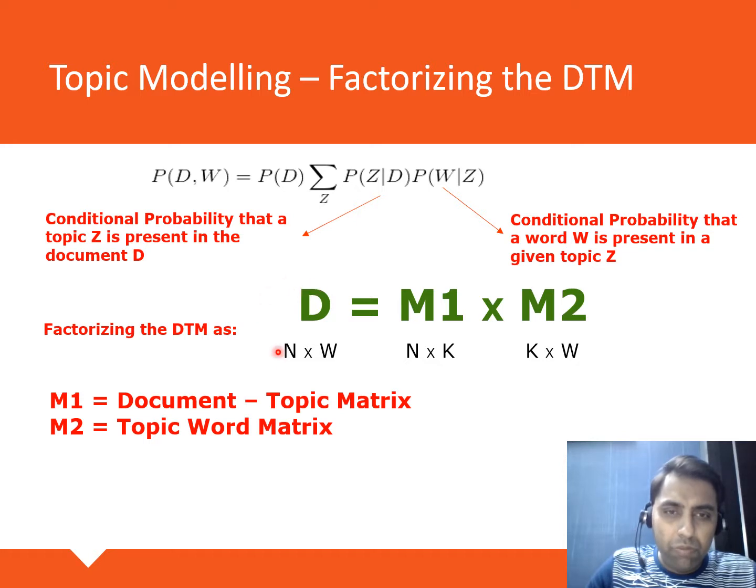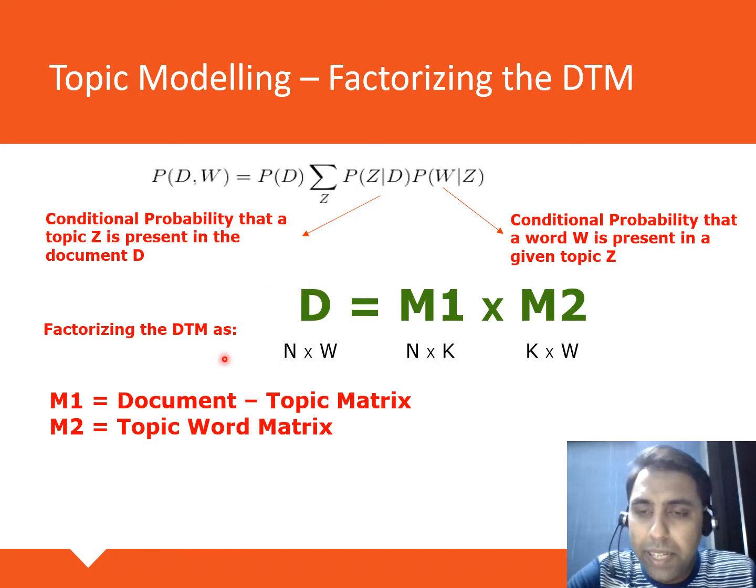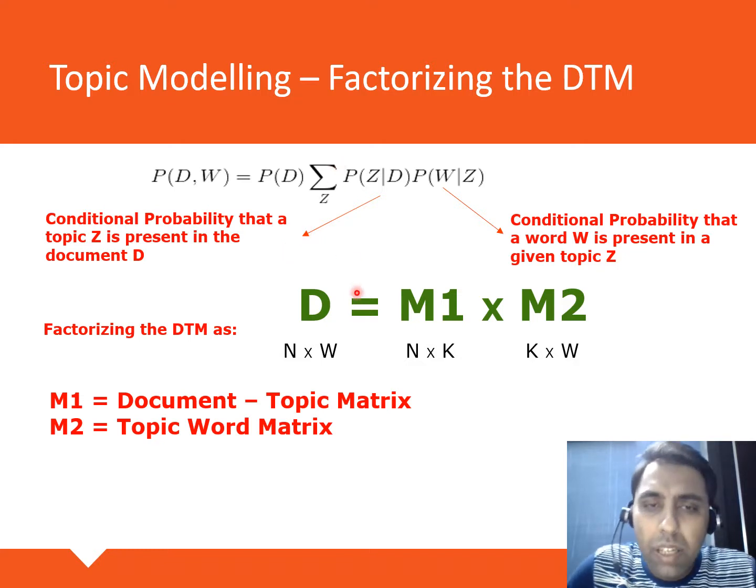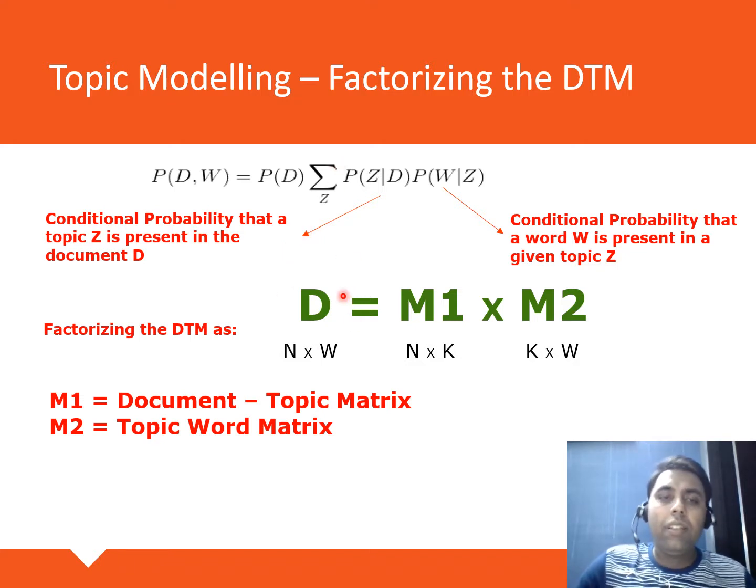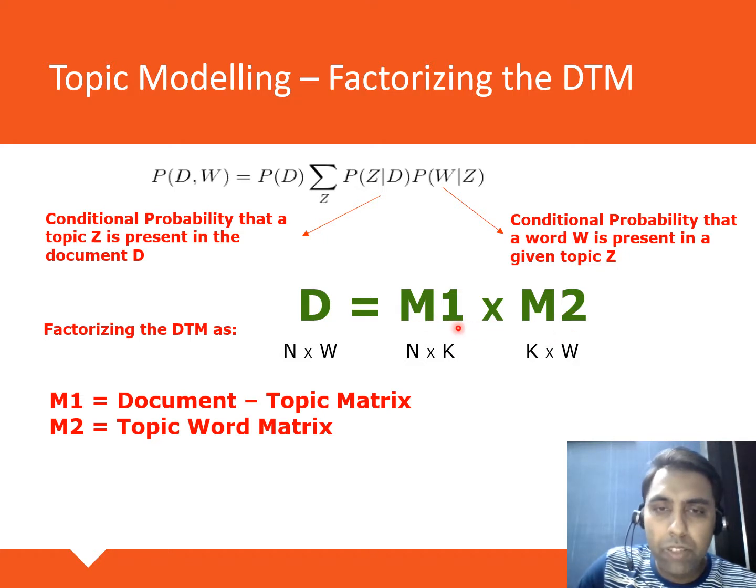I'll state this without going into the proof here, because the proof is complex and it's not necessary to know the proof to understand how topic modeling works. So matrix D can be factorized into the product of two matrices, M1 and M2.